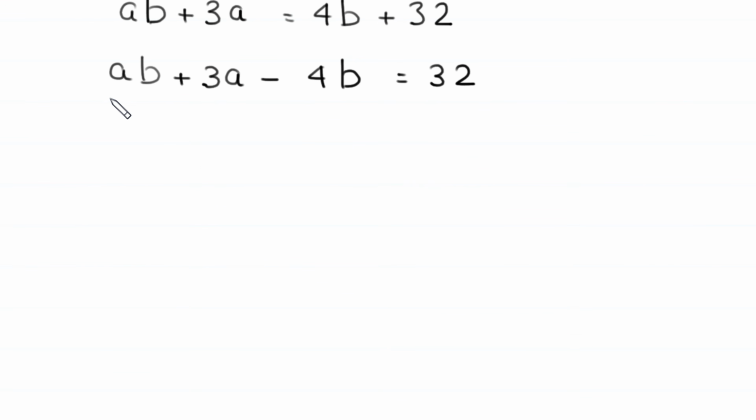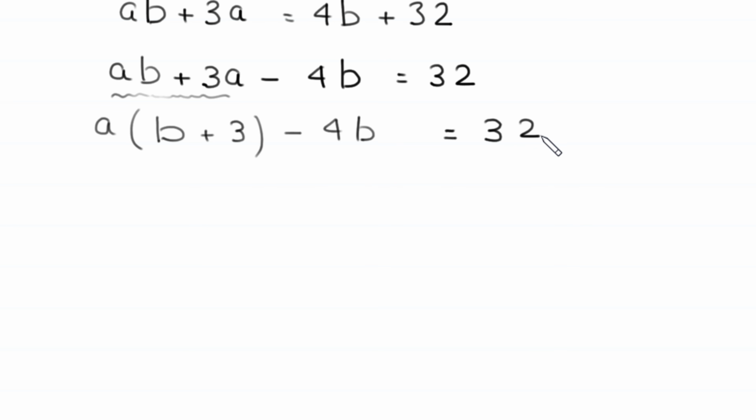From these two terms ab and 3a we can factor out a. In bracket left, b plus 3, minus 4 times b equal to 32. Because here we have a factor b plus 3, so to get the same factor here, b plus 3, we subtract 12 from both sides.